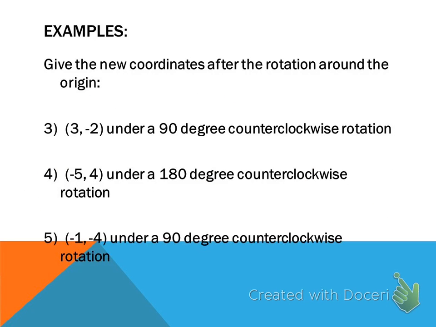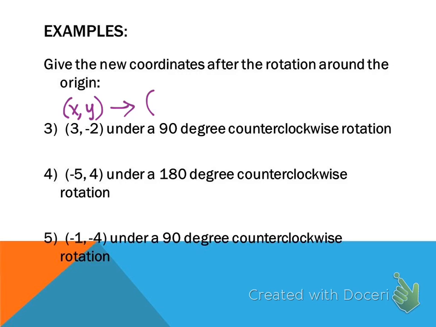In our examples, we are asked to give the new coordinates after the rotation around the origin. So we are given these coordinates 3, -2. We are rotating 90 degrees counterclockwise. So if we refer back to that table, we have x, y as our starting point.